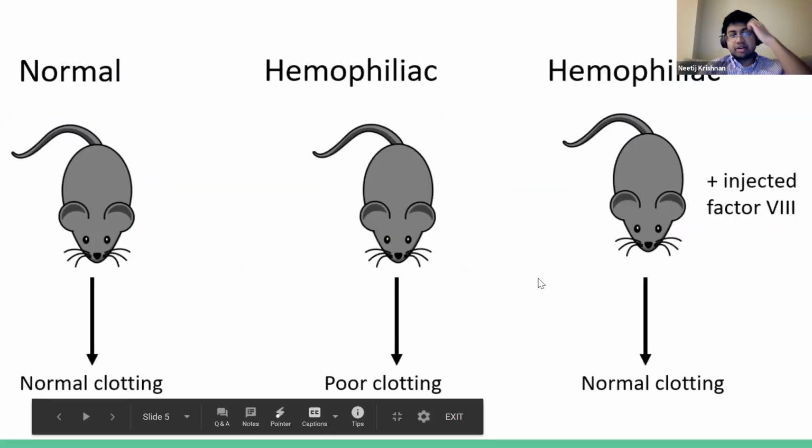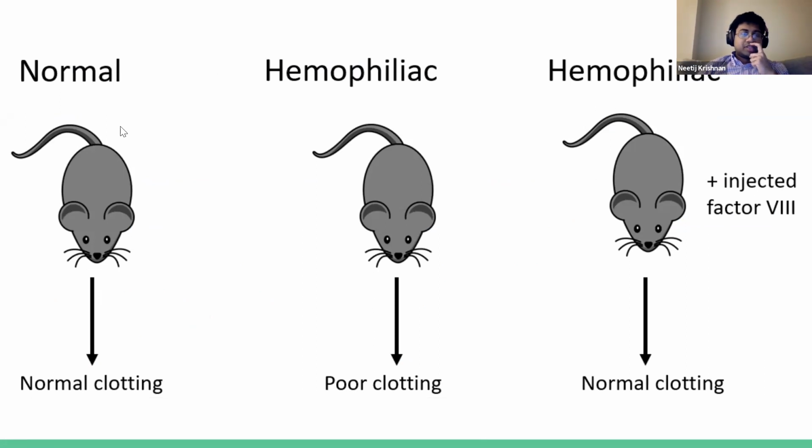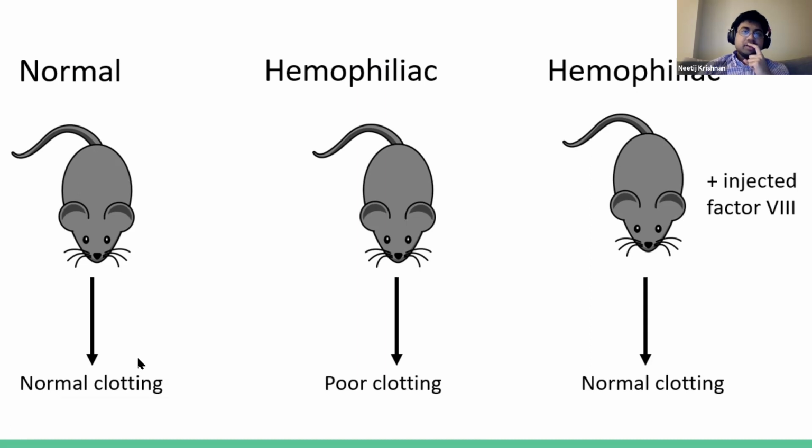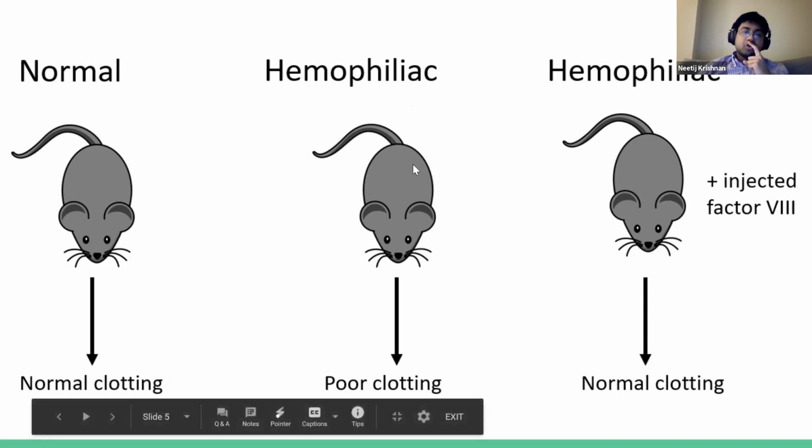So here's our experiment. Got a normal mouse, and if we were to have a small laceration of the blood vessels, we'd see normal clotting. A hemophiliac mouse would show poor clotting, which would make sense.